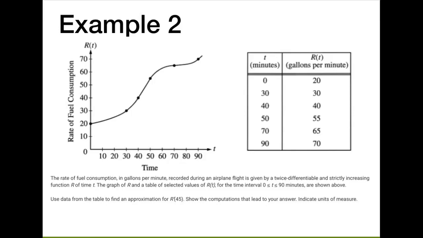So r prime at 45, again, 45 is not in our data table. So we're just going to use the two closest points to it, which would be 40 and 50. And what we'll do is just find the slope between those two. So really what we're looking for, 45 would be about here, right?